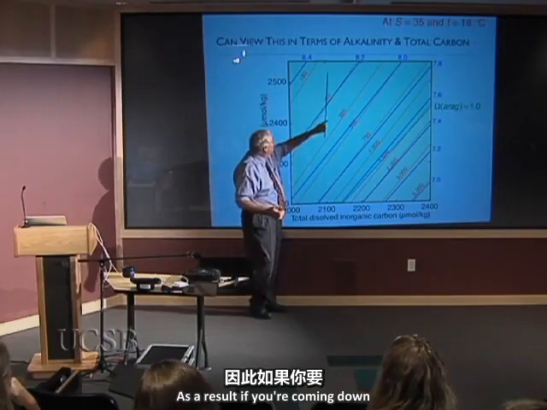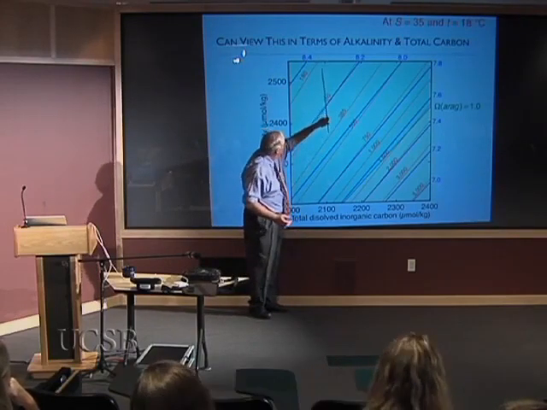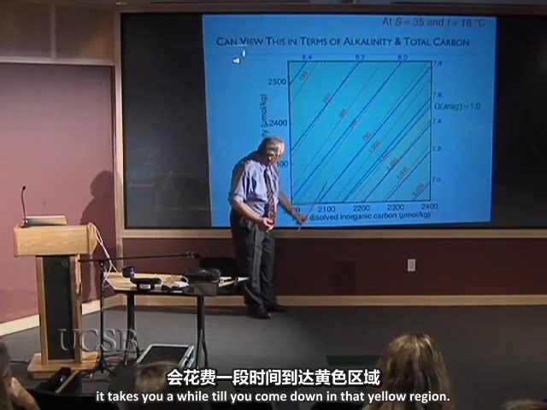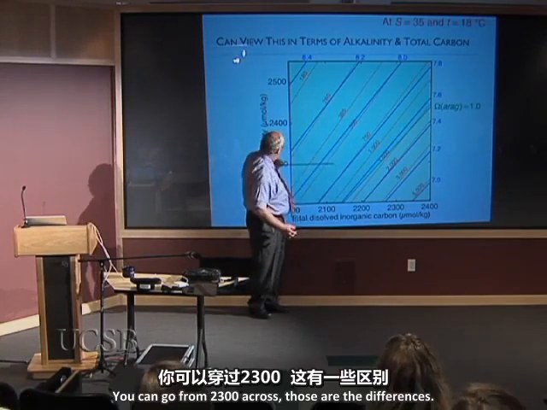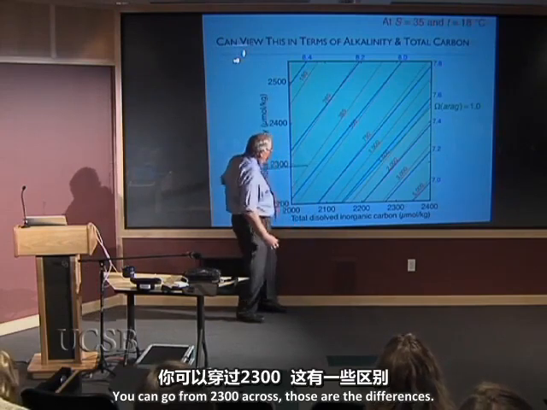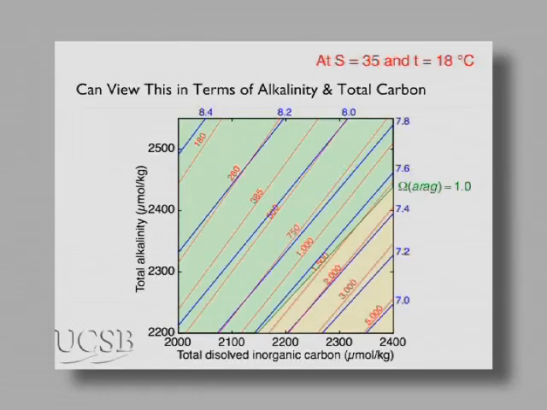As a result, if you're coming down, changing the alkalinity, adding mineral acid, it takes you a while till you come down into that yellow region. You can go from 2300 across. Those are the differences.